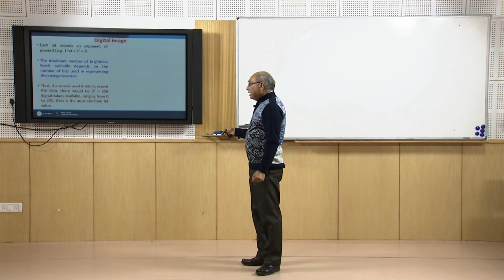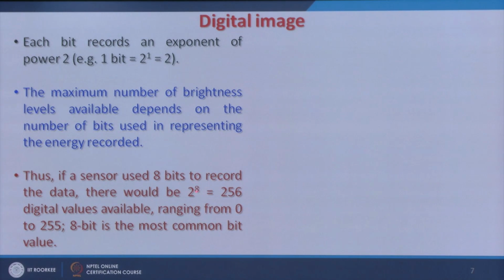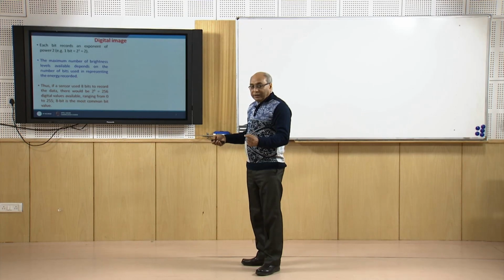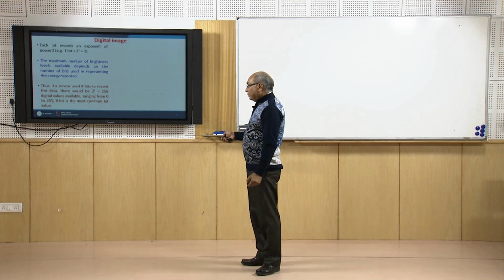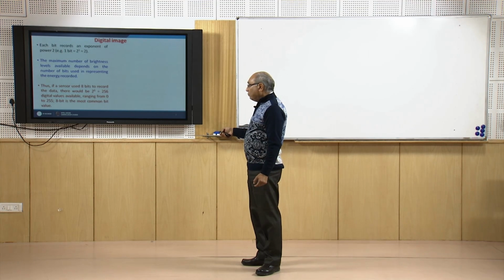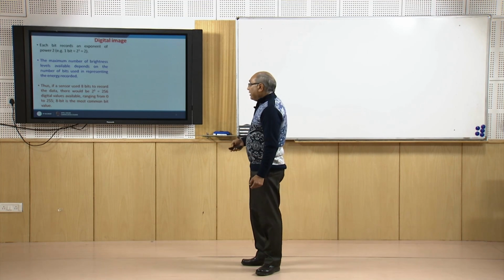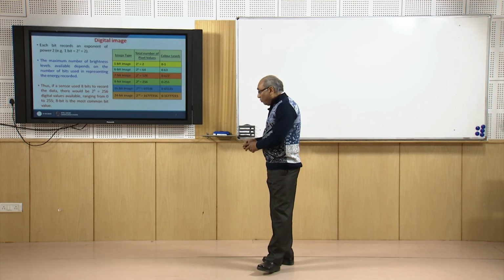8 bit means 2 power 8, that means the total number of values available for each pixel to choose is 256, and the values will vary between 0 to 255, total number would be 256 including 0, and 8 bit, as I mentioned, is the very common one.